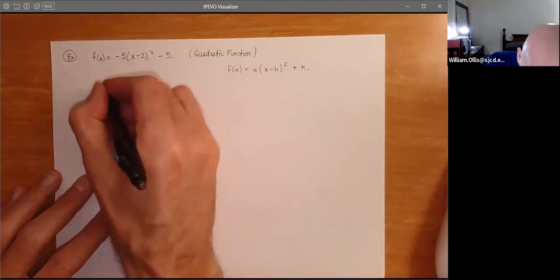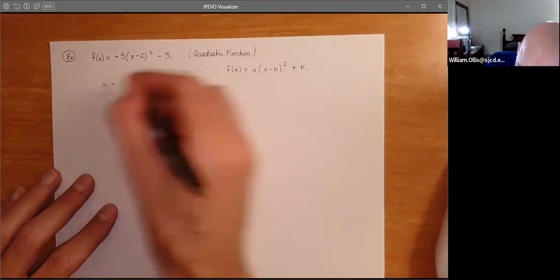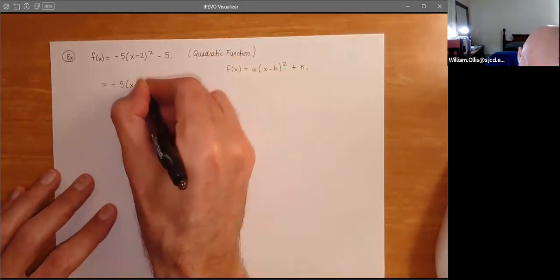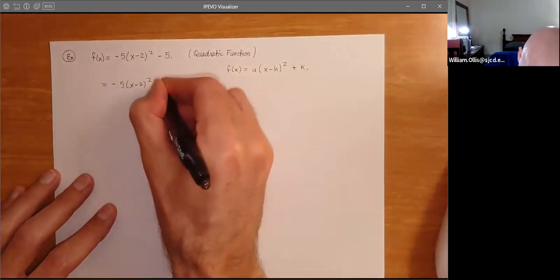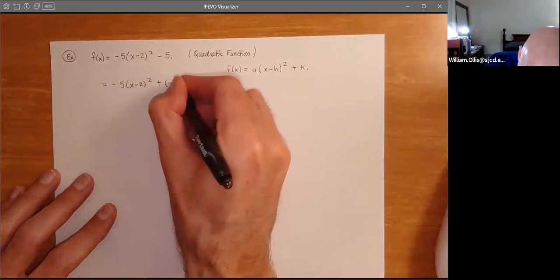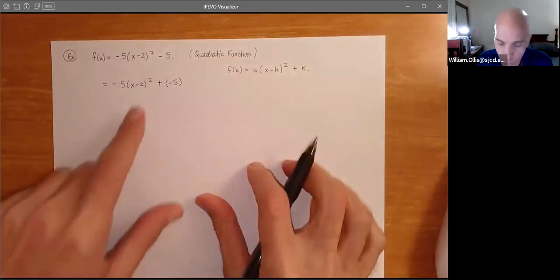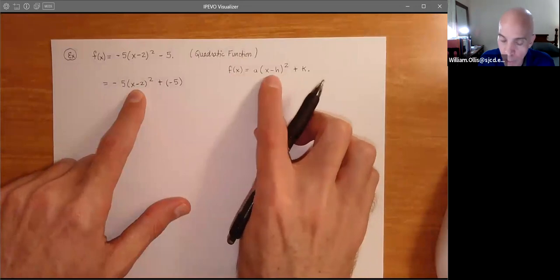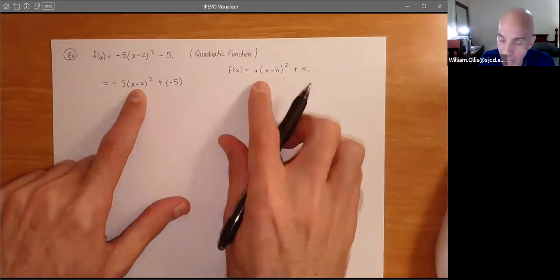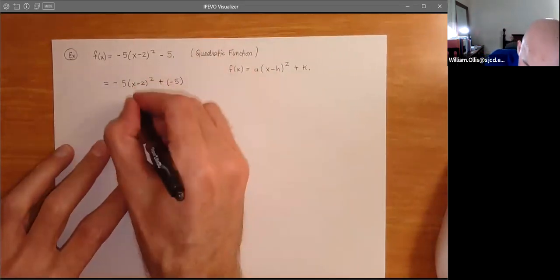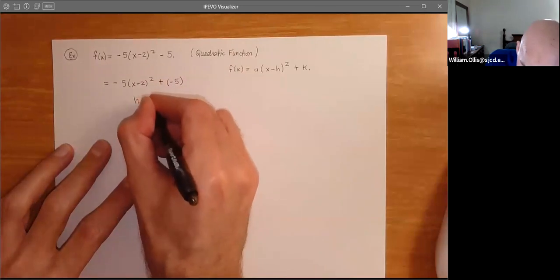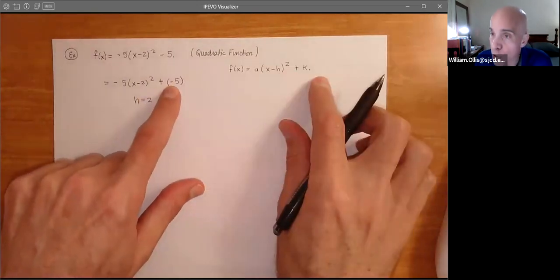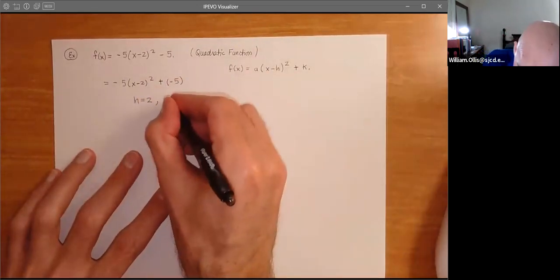So now what we can do is rewrite this in a form so it looks exactly like that, and put in the plus. Now that's kind of overkill, but now this matches up. So now we can see the number to the right of the negative in the square term is 2. So h equals 2. So we like the completed square form. And then we have plus k, so k is negative 5.